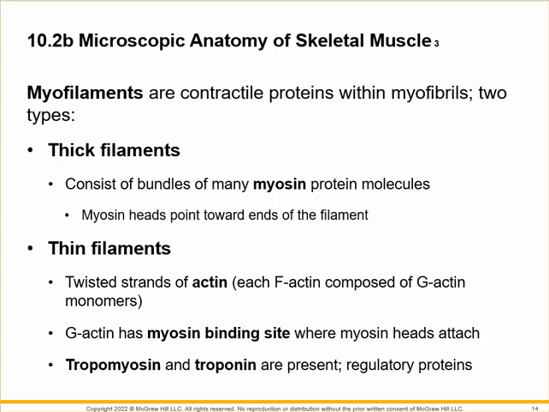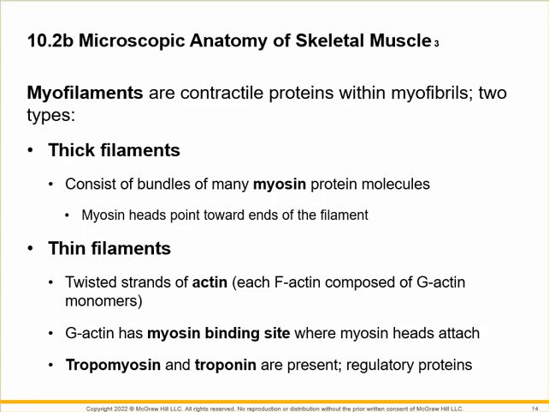So these myofibrils are made up of a repeating structure called a sarcomere. And the sarcomeres are made up of different types of filaments. There are two fundamental types. There are thick filaments that have the protein myosin in them. And myosin is part fibrous and part globular protein, so it ends up looking kind of like a golf club with two heads.